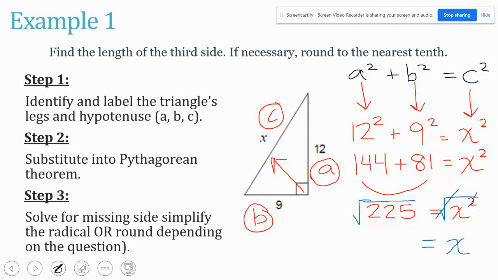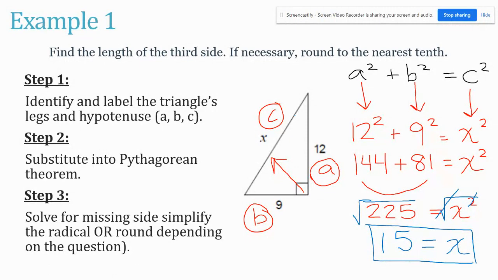Now, the square root of 225, luckily 225 is a perfect square. The square root of 225 is just 15. So we don't need to round. We don't need to simplify our radical here. So all we are left with is X equals 15. So this hypotenuse is 15.